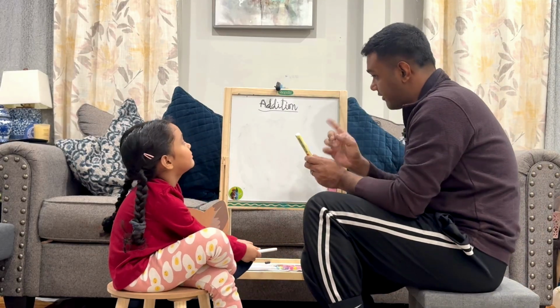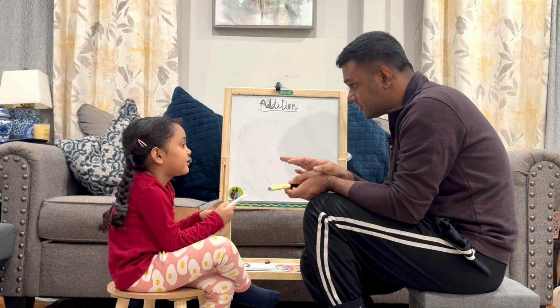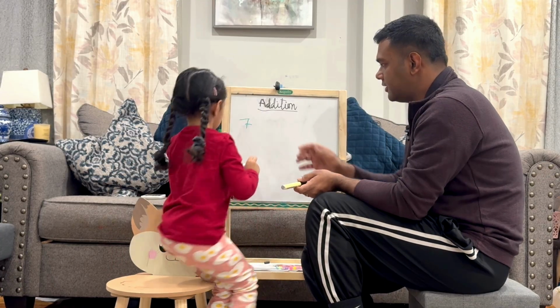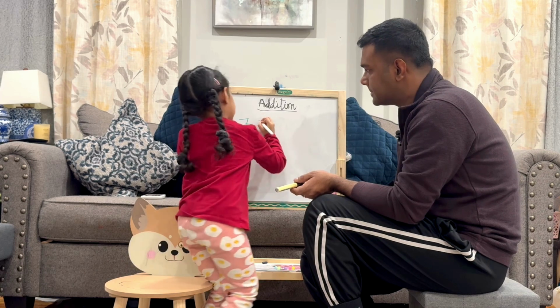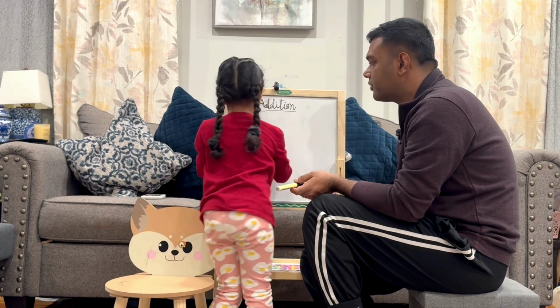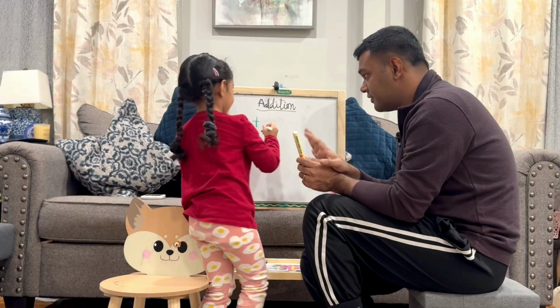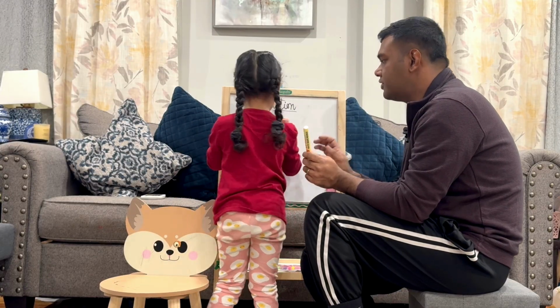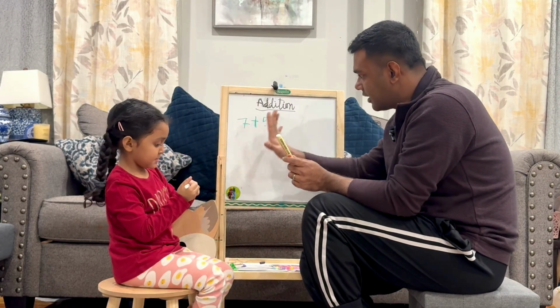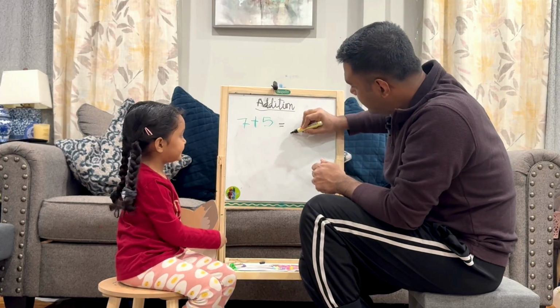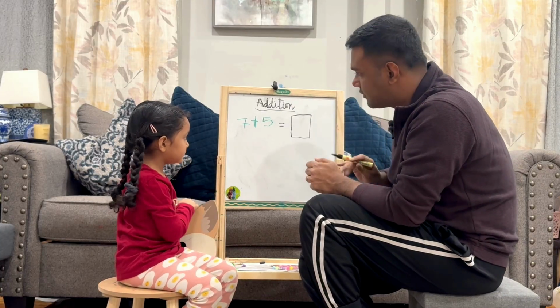You start with 7, so you write 7. Then plus 5. So together, how many do you have?